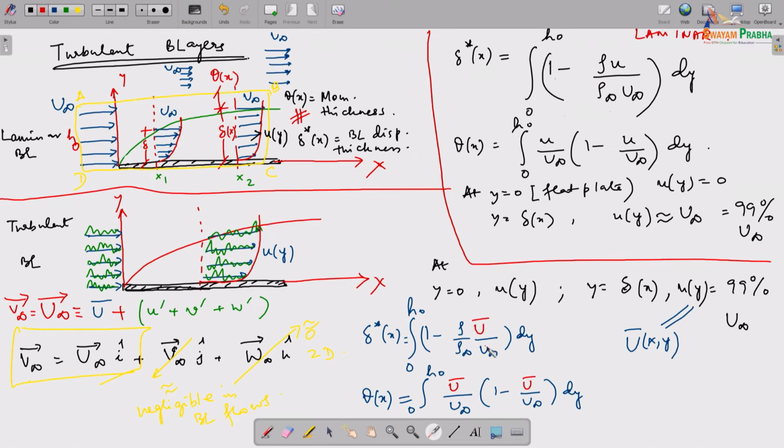Can the boundary layer theory for the laminar case just be used here as well in the same way, except that when I consider the velocity, we just take the mean components of the velocity, and the boundary layer thickness is when the mean velocity reaches about 99% of the free stream?